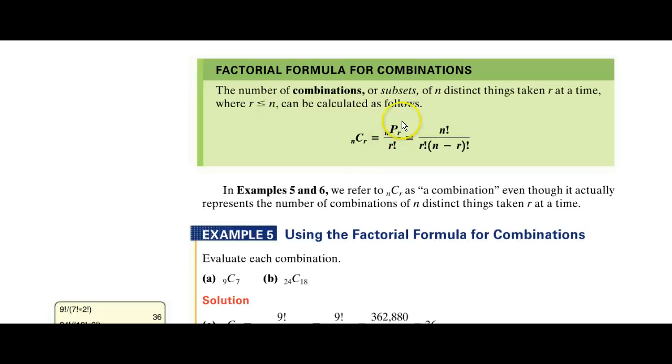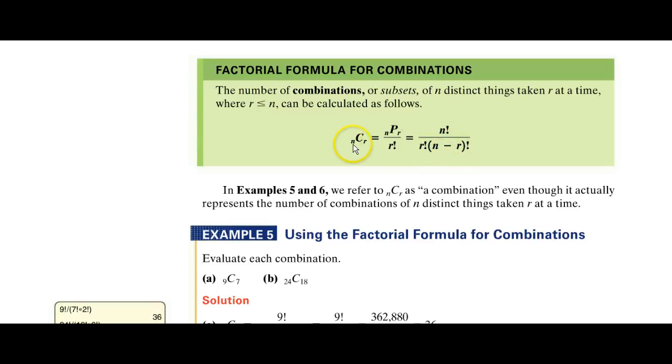So we use part of it as the permutation, part of it as the counting of elements that we're selecting, the factorial, and it gives us this formula.